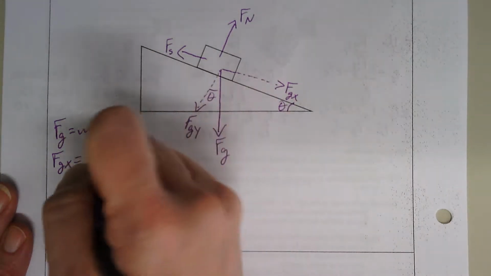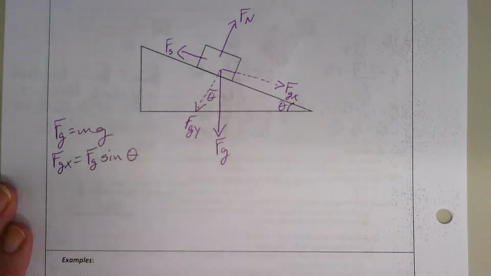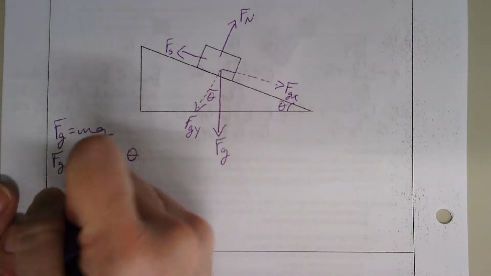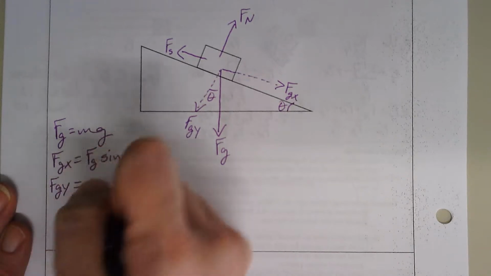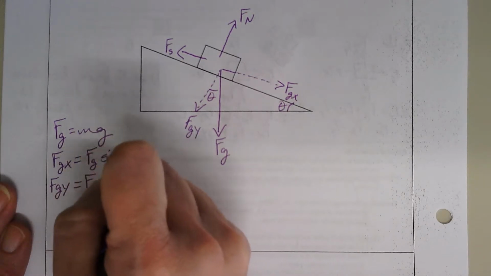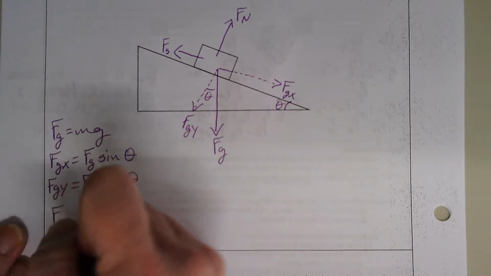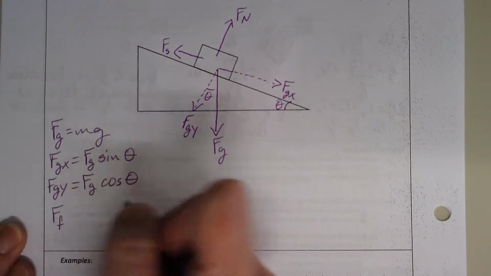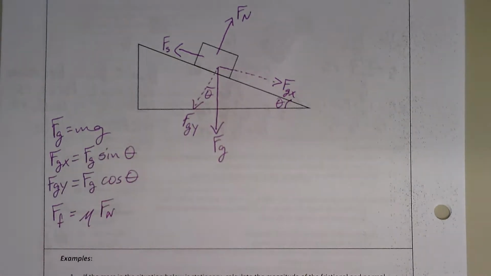It'll be Fg sine theta on the x, and then your vertical component of gravity, Fgy, will be Fg cosine theta. So if you flip your axes, then you have to flip where you get your sine and cosine from. Your friction, any kind of friction, is still mu times normal, so that's not going to change.